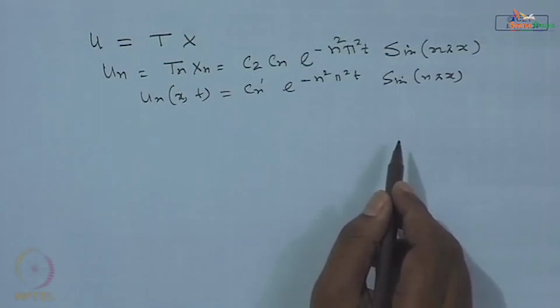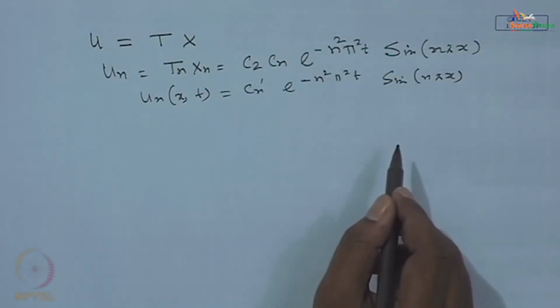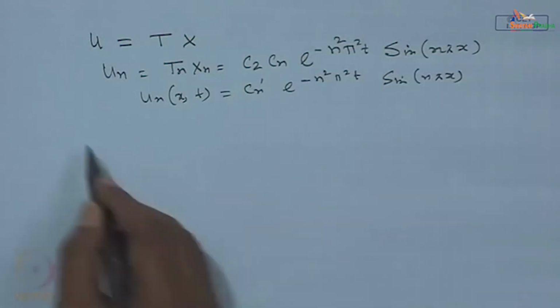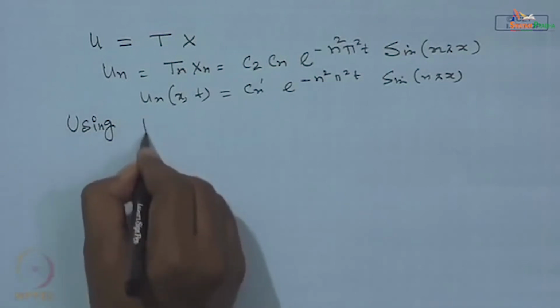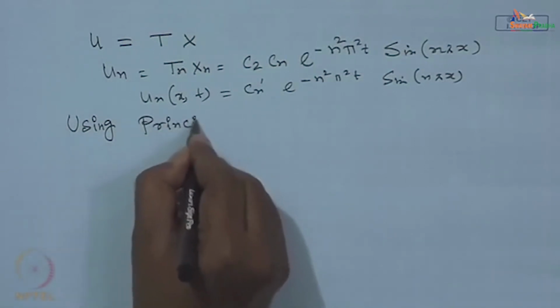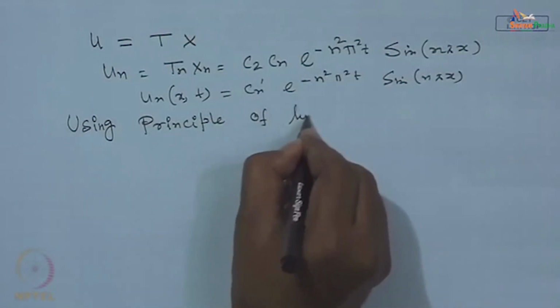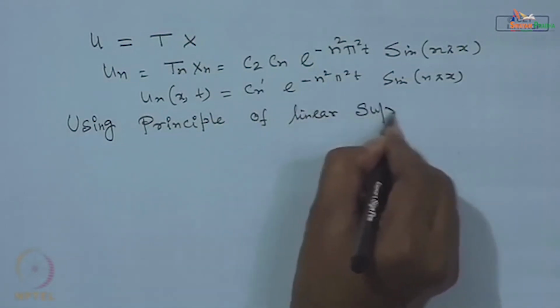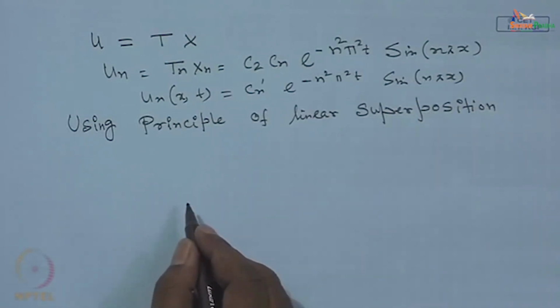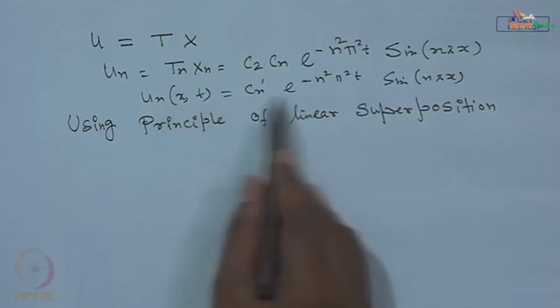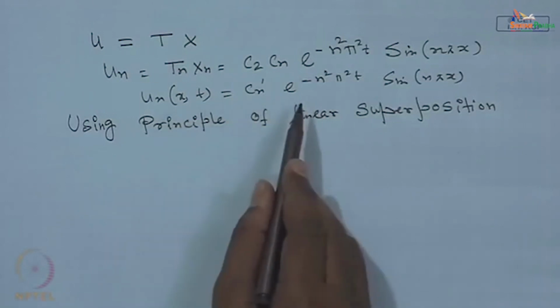Now, as you remember, the eigenfunctions are orthogonal functions, and the complete solution will be constituted by the summation of all the eigenfunctions. So, I will get the overall solution by using the principle of linear superposition. The complete solution will be the linear superposition of all these solutions, an infinite number of solutions.